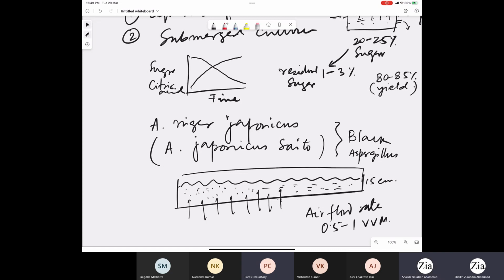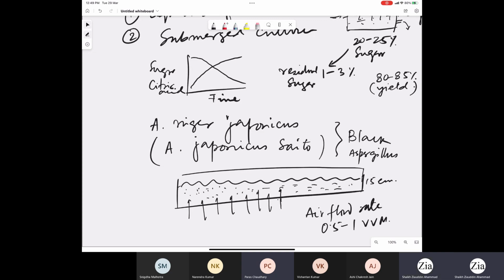In this fermentation process, one of the important parameters is to treat the raw material using ferrocyanide, and that is true for all three operation processes. Obviously, in the Koji process you are not dealing with liquid, whereas in the other two processes, surface liquid fermentation or submerged fermentation, you need to use ferrocyanide to remove the excess iron present in the system, and you need to sterilize, because after ferrocyanide treatment you will sterilize.